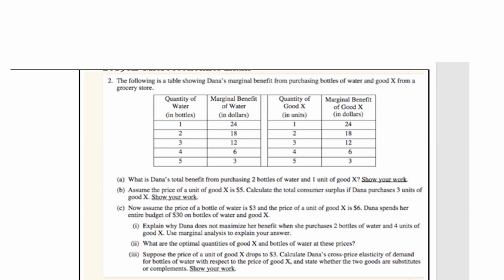All right. Anyone think they got C3? All right, Jordan, you want to try to explain it to us? Over the percent change in the price of X. So the price of good X drops to $3. So you went like 8, 6, 4, 2, and 1, right? Yeah, so the max marginal benefits were 5 and 5. So you increased the quantity of water bottles by 1, so it's a 25% increase in quantity.